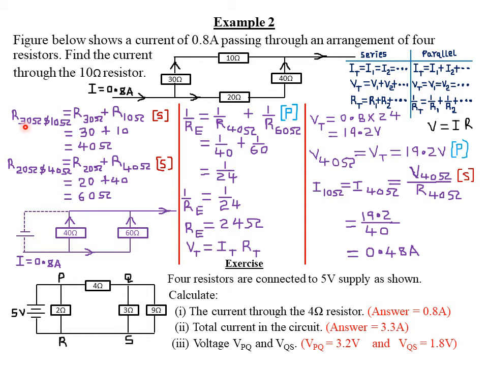Therefore, the resistance through the 30 ohm and 10 ohm resistors is 30 ohm plus 10 ohm, which gives us a total of 40 ohm. Then after that, we'll also combine the 20 ohm resistor and the 40 ohm resistor, because when the current emanates from this point, at this particular junction, the other current flows through the 20 and the 40.